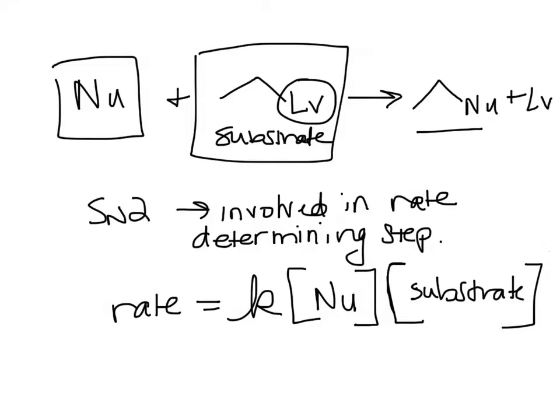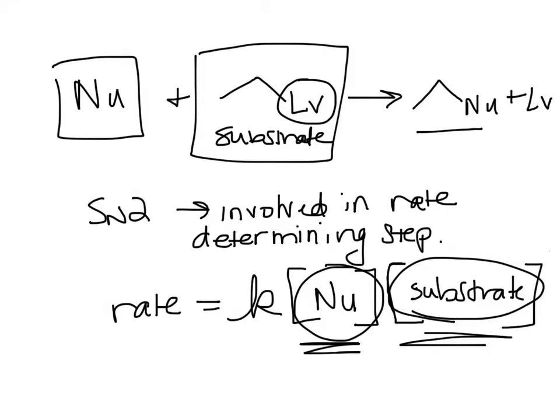So what this means is that the rate of the reaction depends on both the concentration of the nucleophile and the concentration of the substrate. And so when you change either the nature of these, the nucleophile or the substrate, or you change their concentrations, you are going to change the rate of the reaction.